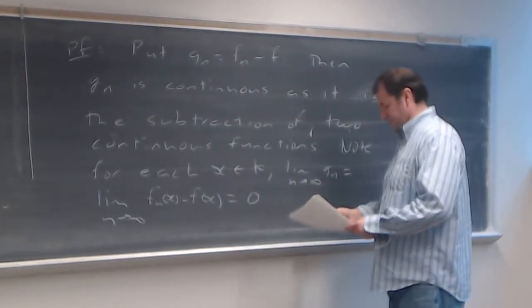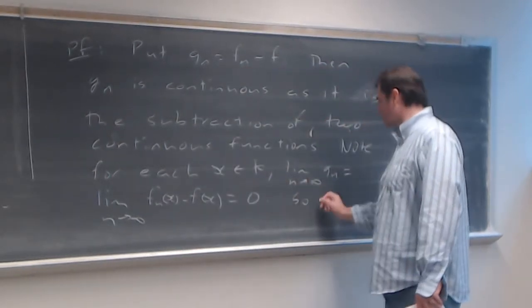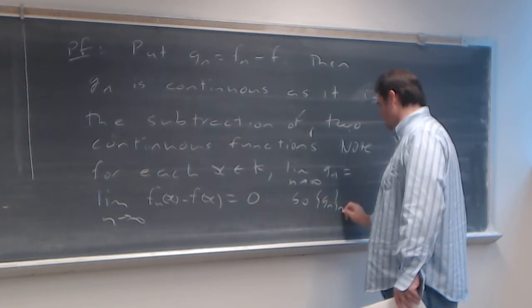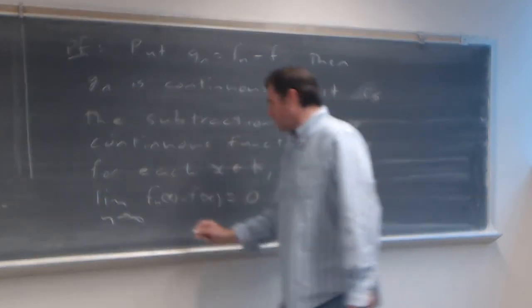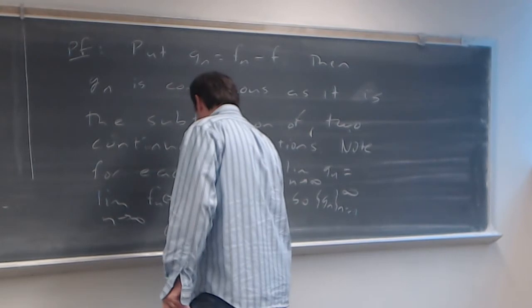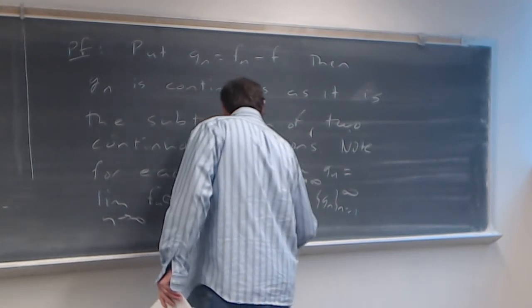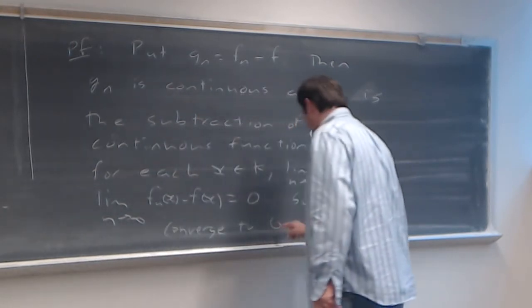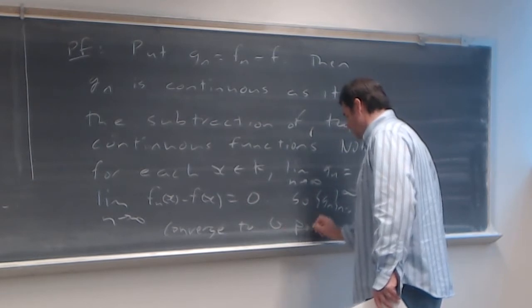So the g sub n's are a sequence of functions that converge to 0 pointwise.